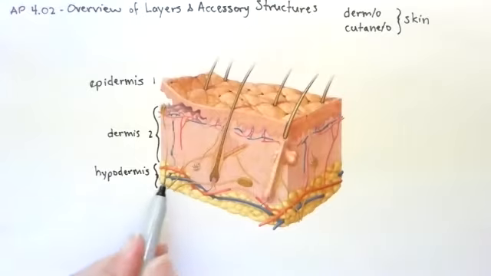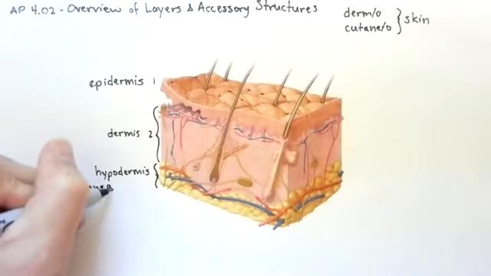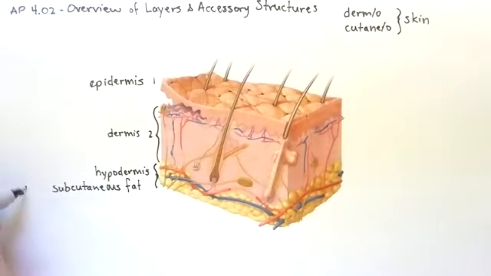It's fat. So the hypodermis is a layer of fat. This is sometimes also called the subcutaneous fat, otherwise known as. These mean the same thing. Sub is below, hypo is below, dermo is skin, and cutaneo is skin. So these are two ways of saying the same thing.